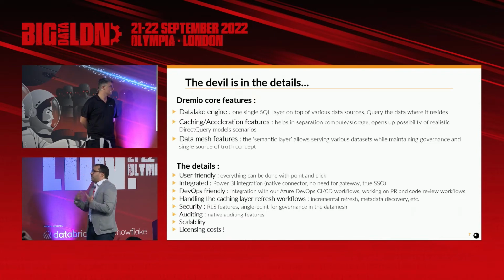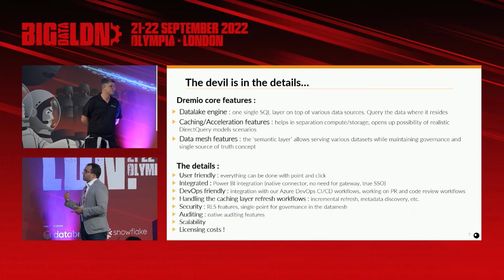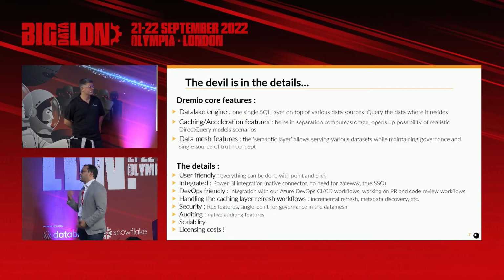Handling the caching layer refresh. So as soon as you have caching, indexing, acceleration, it's all about how does the data refresh? If my fact tables get new data, do I need to care about, okay, now I need also to refresh the cached layer. Dremio allows you to do that in lots of ways. One of the particular very interesting ways is the metadata discovery.